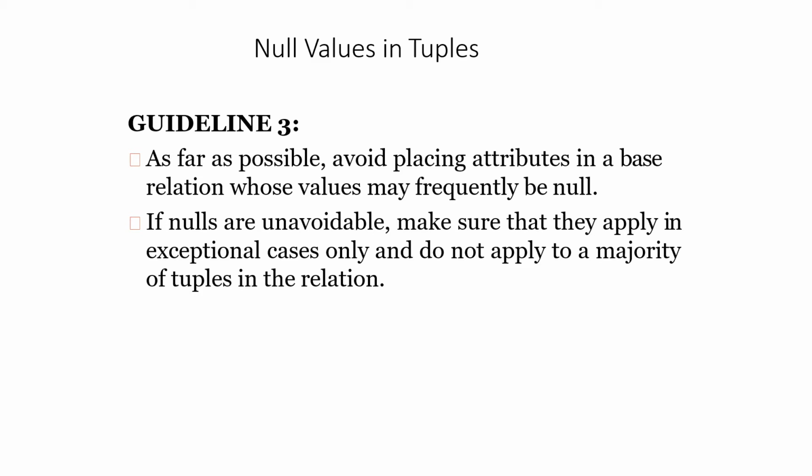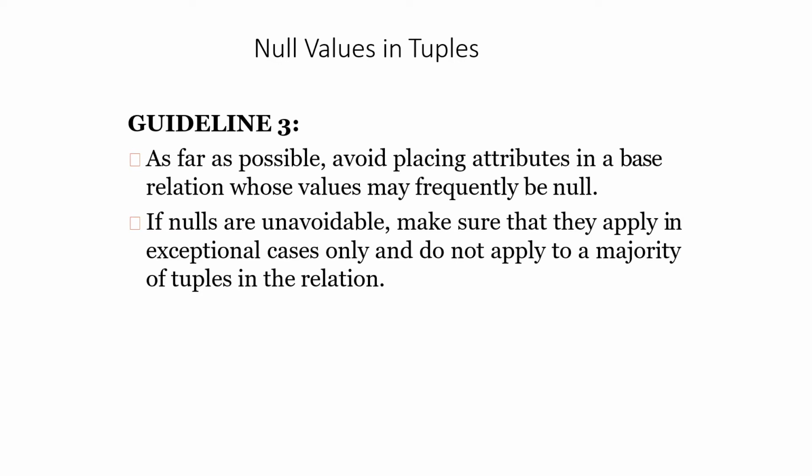We have seen that after guideline 2 we could see anomalies. So, after guideline 2, we are trying to resolve those anomalies, that's why we are dealing with null, and now we are moving towards guideline 3. As far as possible, avoid placing attributes in a base relation whose values may frequently be null.